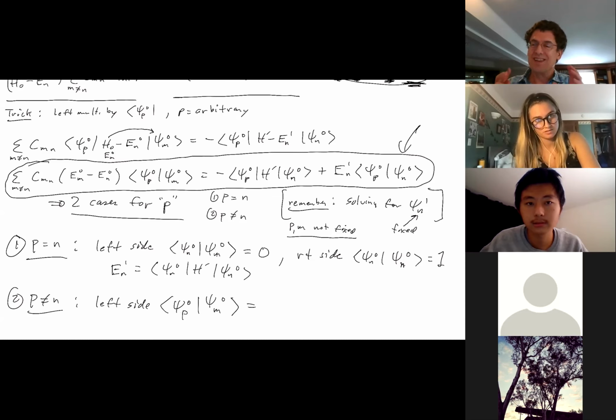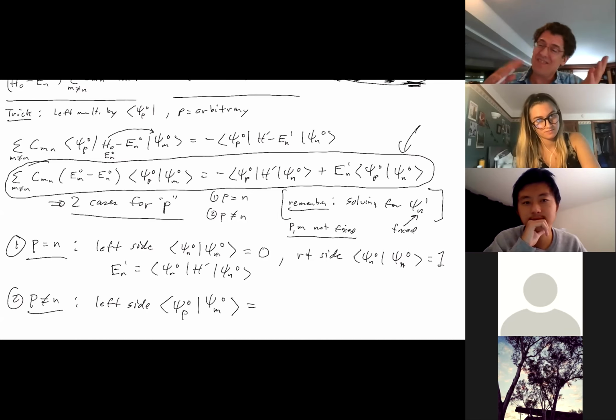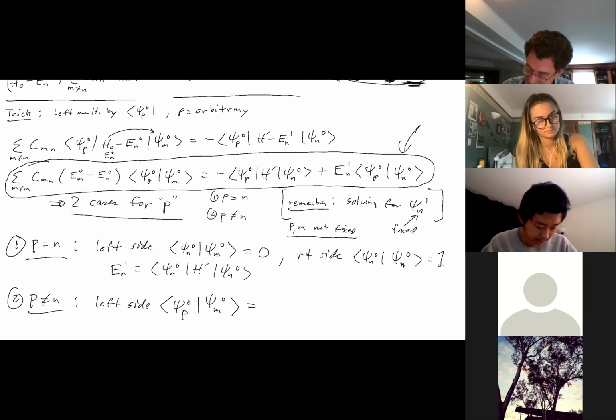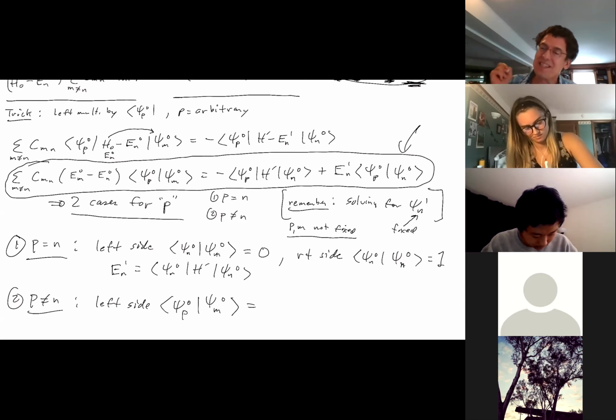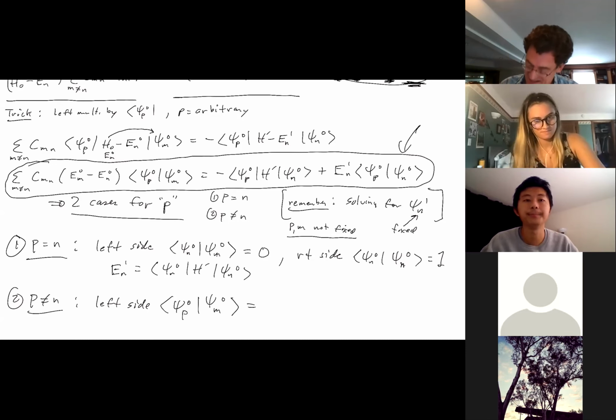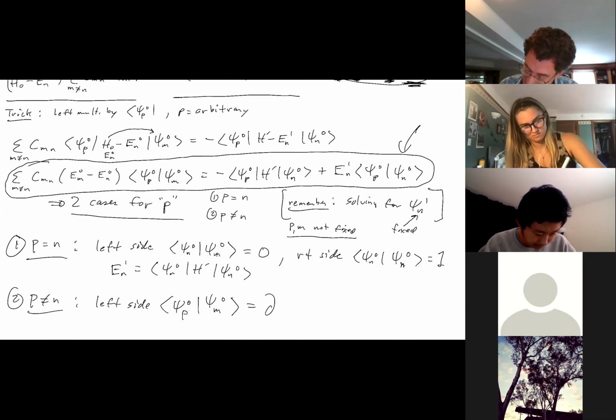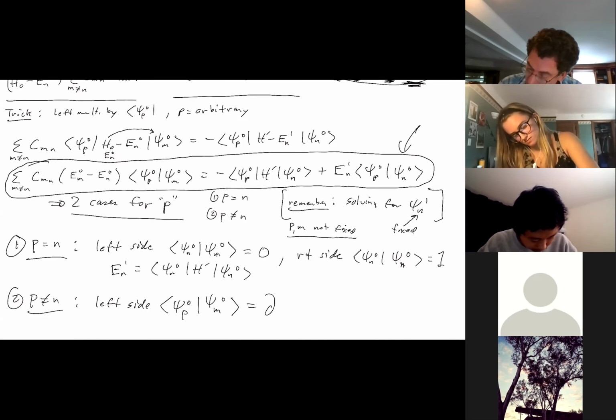It might be 1, but it might be 0, it depends, right? Because these are orthonormal vectors. And so when is it 1? When p is equal to m, yeah. Exactly. And so it's a Kronecker delta, delta p m.